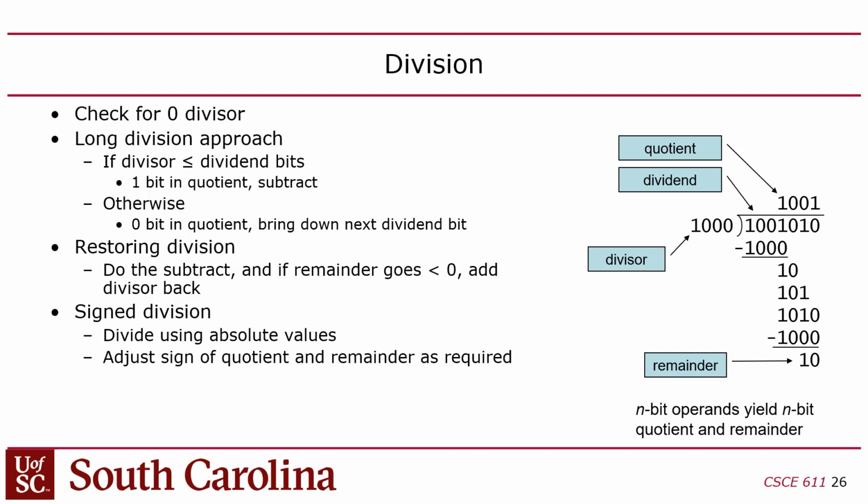But 9 is the first 4 bits. You subtract 9 minus 8 and you get 1, and then you drop down a new bit from the dividend. The problem, though, is that there's only 2 digits there, and there's no way I could subtract the divisor, a 4-digit number, from a 2-digit number. So you drop down another bit from the dividend, and you put a 0 up there in the quotient.